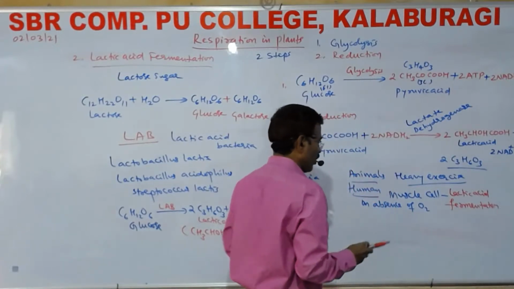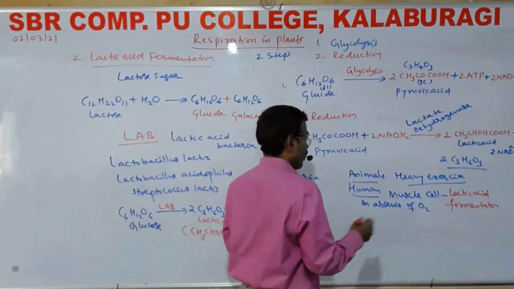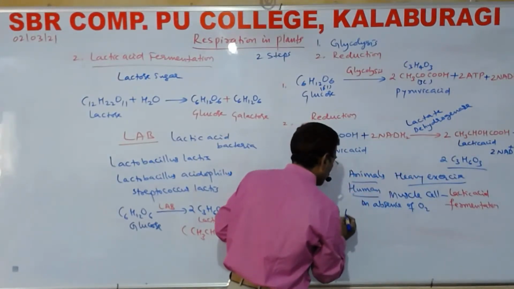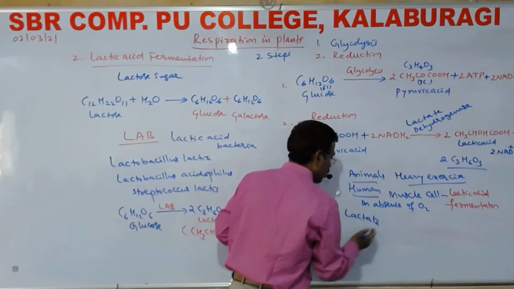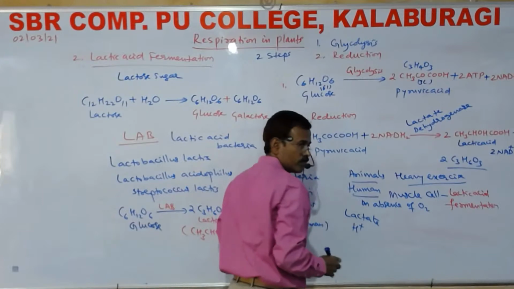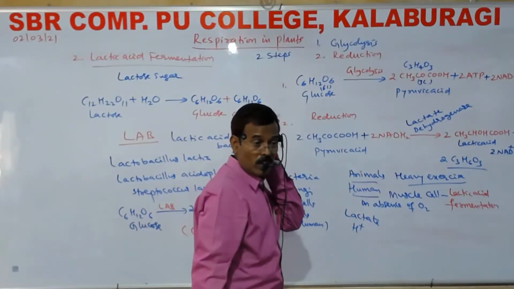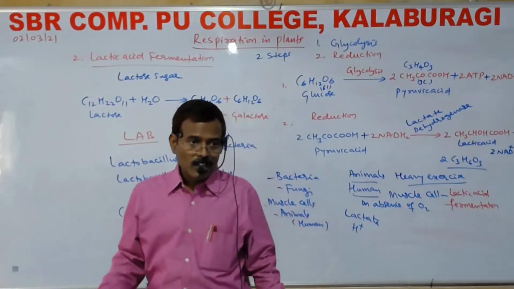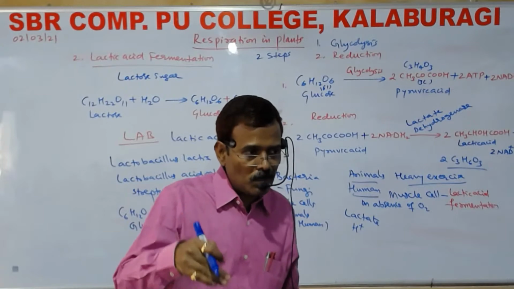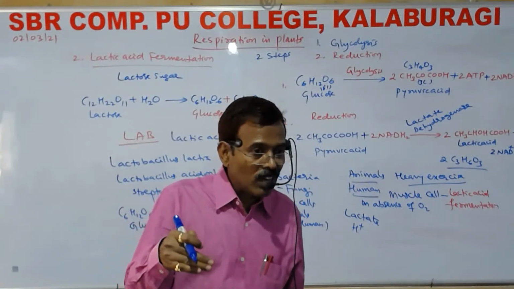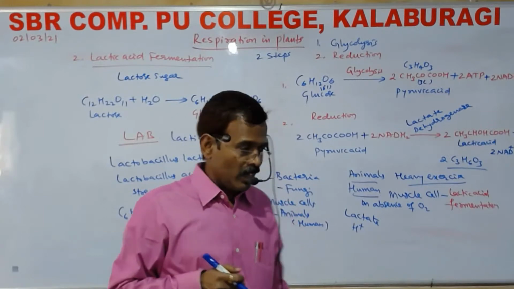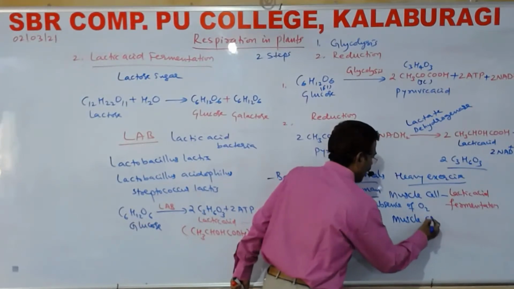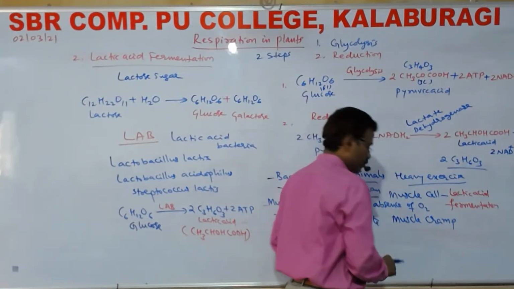In the muscle cell, when lactic acid fermentation occurs, the lactic acid dissociates into lactate ion and proton. Protons concentrate in the muscle cell, and because of this, the pH of the muscle cell will become acidic. This leads to muscle cramp, common in sports.